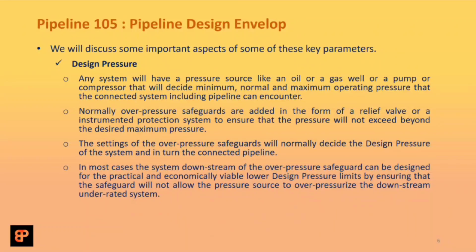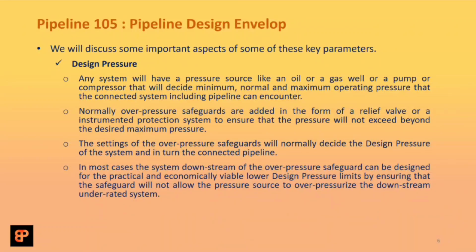So there are no upsets expected in such a case, and it will be considered a fully rated system. A fully rated system is always ideal because you can't expect any overpressure scenarios, and related incidents cannot happen.